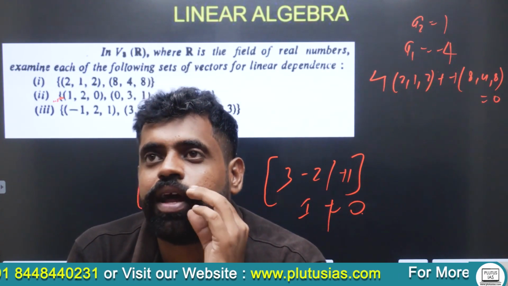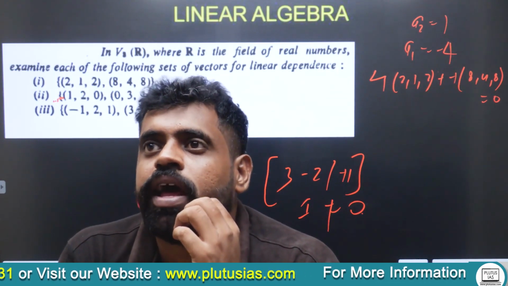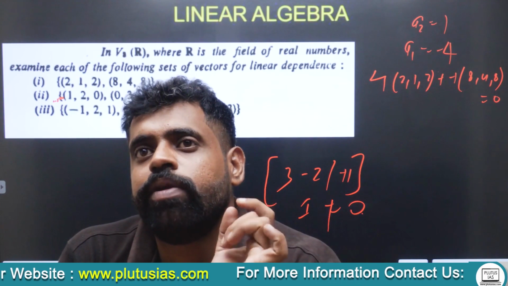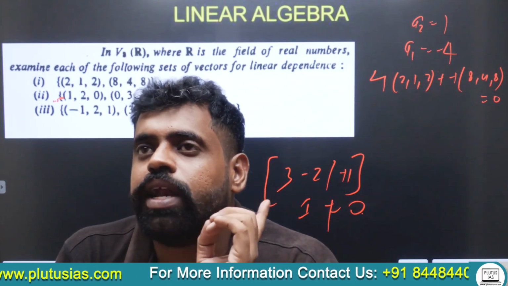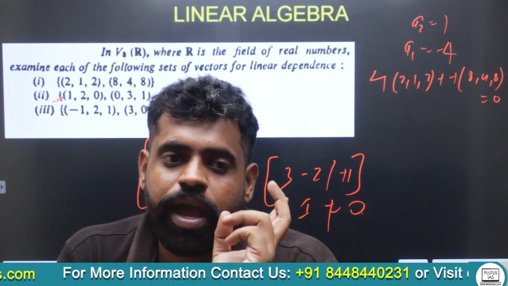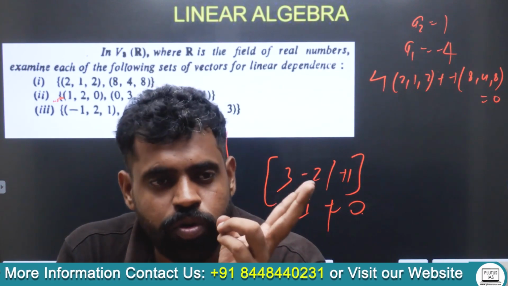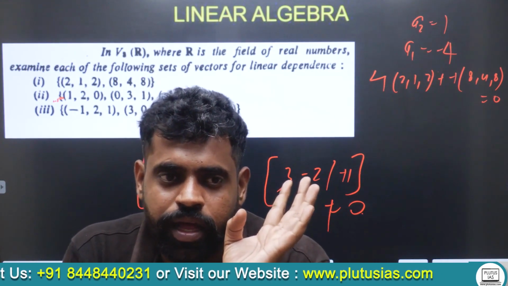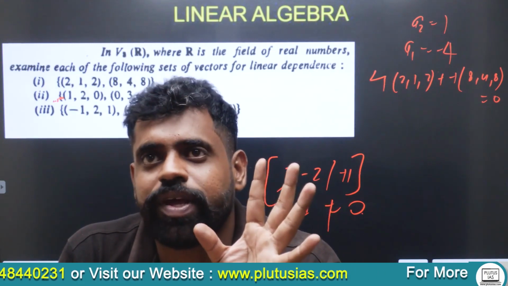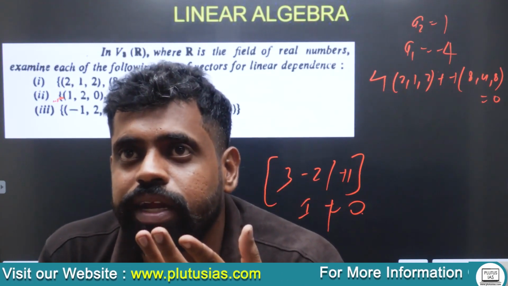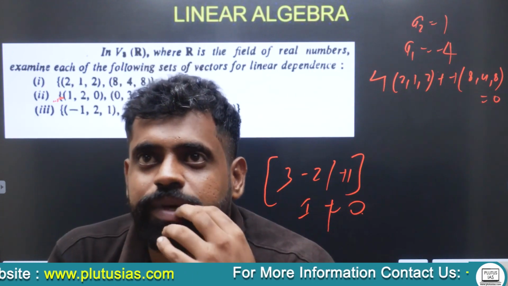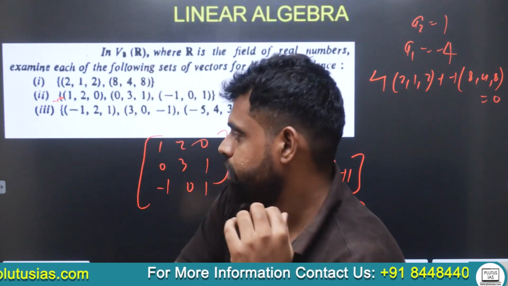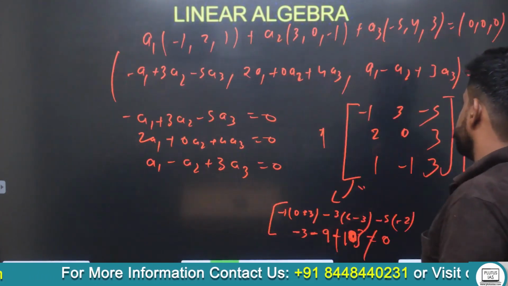But in this case, if you form a matrix and you get the determinant not equal to 0, then it is independent. And if you get the determinant equal to 0, then it is dependent. Okay, it is basic, nothing new. He is saying dependent. Mahesh, it is not dependent, it is independent.